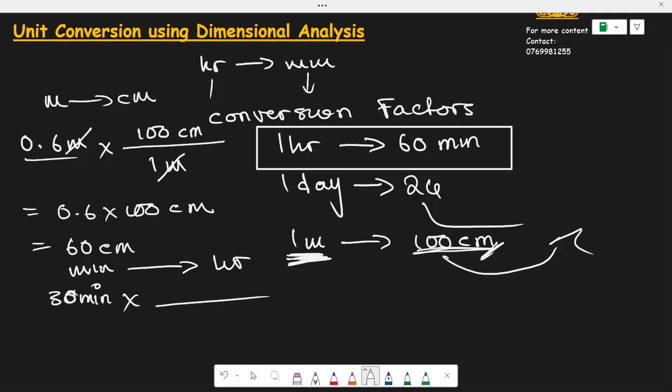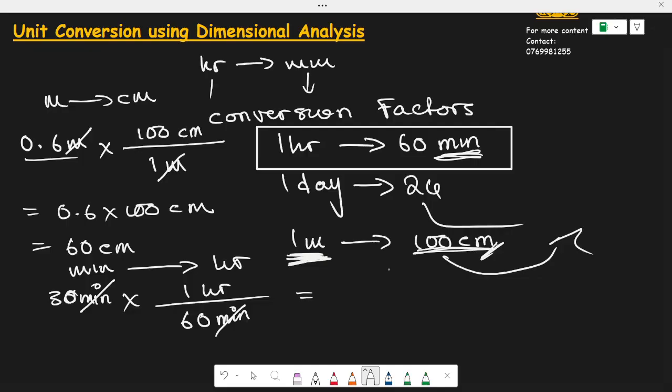So now, we have said that what should be on top is what we want. We want the answer in hours. So in this case, we're going to say 1 hour should be on top over what we don't want. And what we don't want is minutes. So we're going to say over 60 minutes. Then the minutes and the minutes will cancel so that you remain with hours.